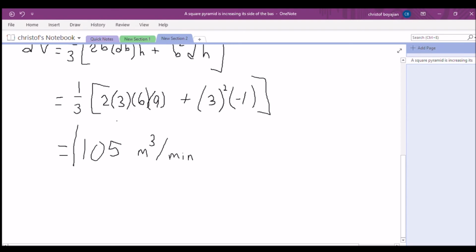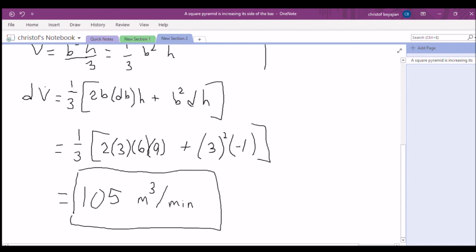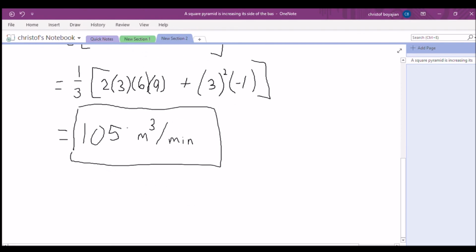So don't forget, when you go ahead and use your calculator to evaluate this, you get your value for your dV or whatever it is that you're solving for. And then also it's important to include units too, because you don't know what the units are if you just put 105 or 2.